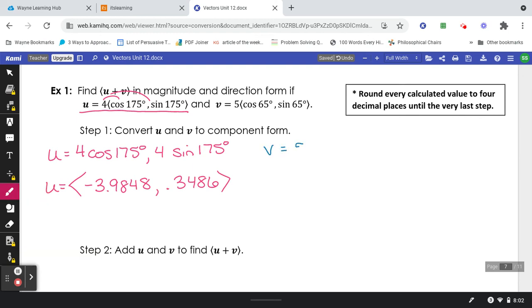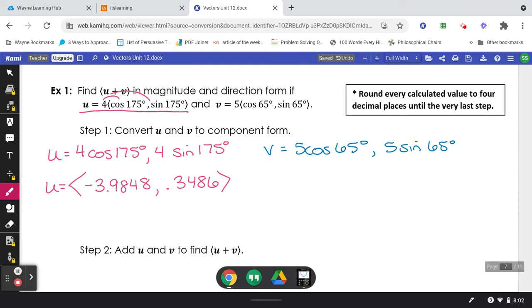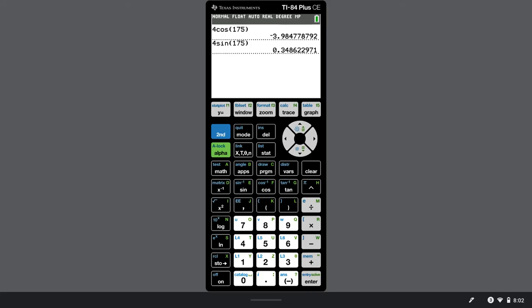I'm going to do 5 cosine of 65, comma, 5 sine of 65. And then we can type each of those into our calculator. Still in degree mode. Five cosine 65, 5 sine 65. And then we're just going to round really carefully.